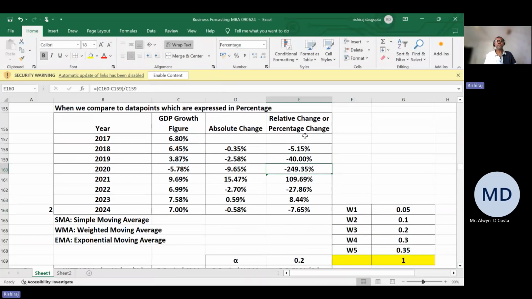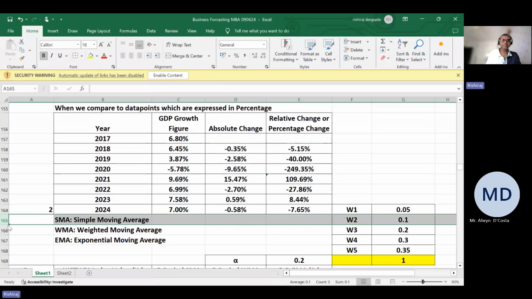So when you say relative change or percentage change, and the numbers you are comparing are themselves in percentage, be very, very careful when you say it has changed by 2% or 5%.